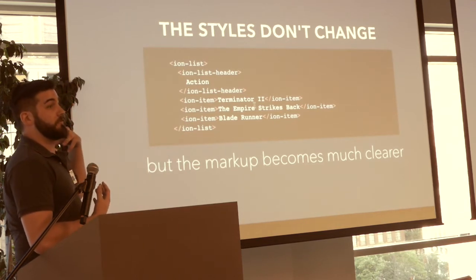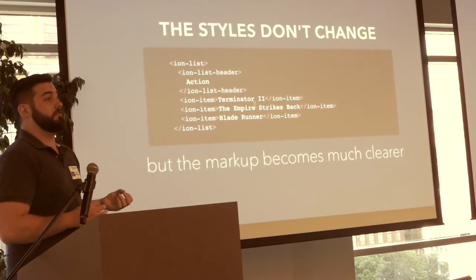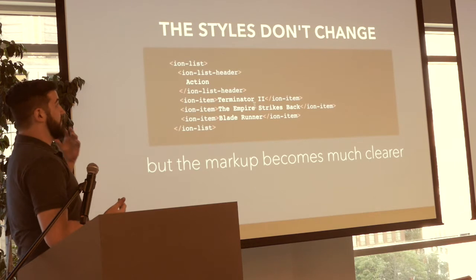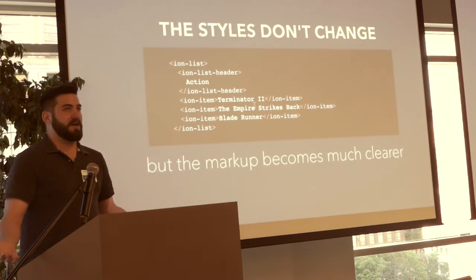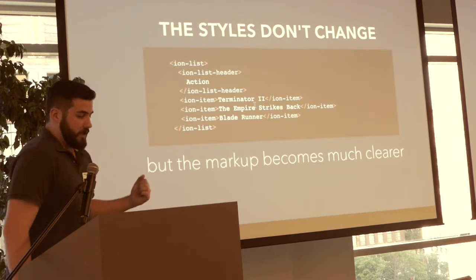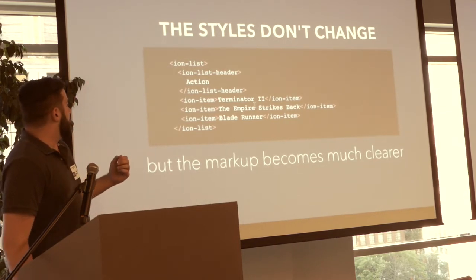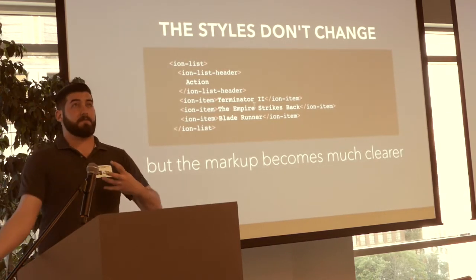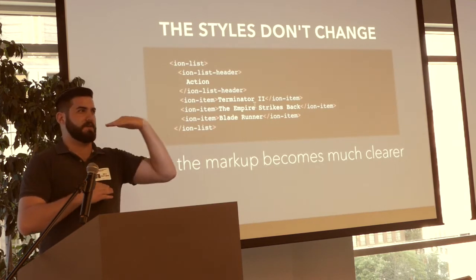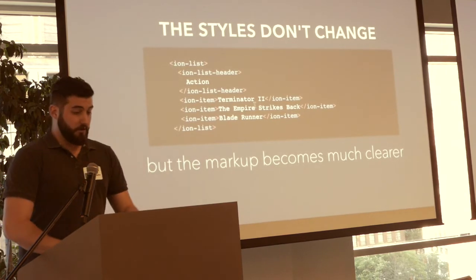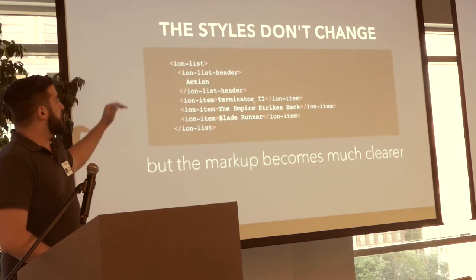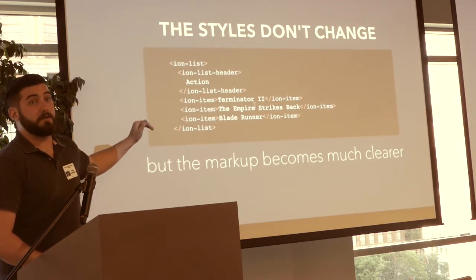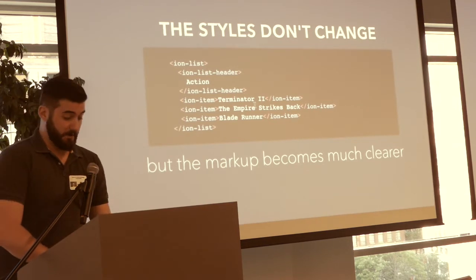We know how this is going to, in a sense, relate back to the native platforms. We have a list header. Okay, well now I'm thinking like the Contacts app inside of your iPhone or Android phone, and ion-item. Okay, I'm just assuming going inside a list, I have a bunch of different cells in that list. So I may not know what the exact rendered output looks like, but at least I can make sense of the markup and figure out what this is actually doing.